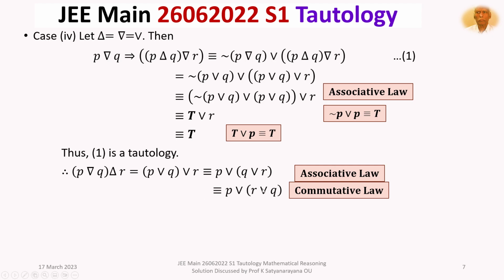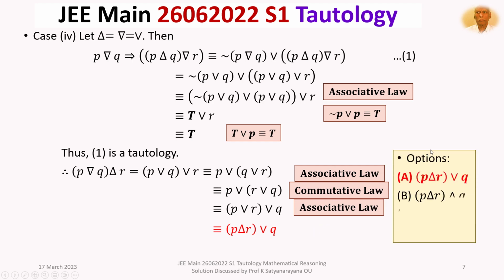We look at our options and try to bring it into that form. Now use associativity again. So it is logically equivalent to P or R or Q. Now replace R by delta just to meet one of the options. So this is logically equivalent to P delta R or Q.